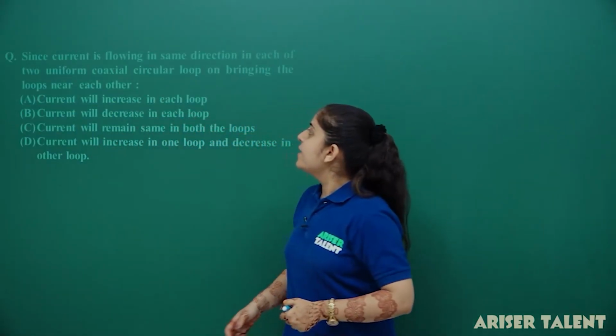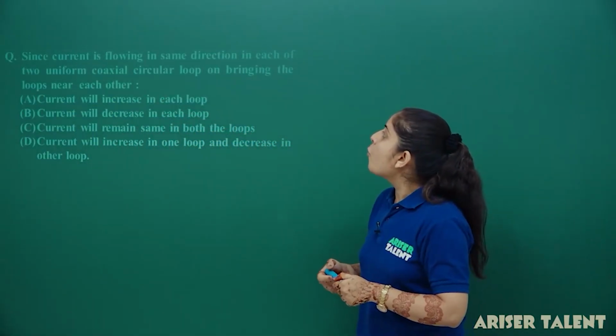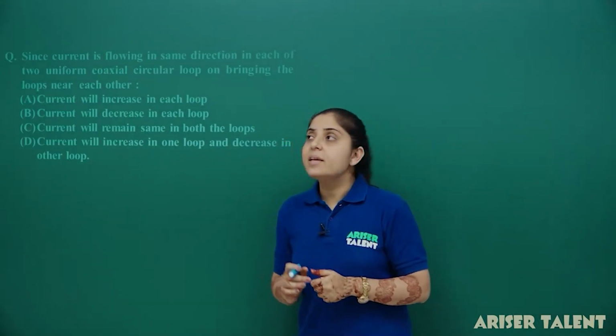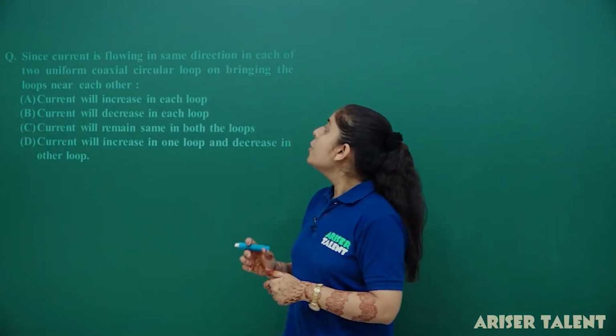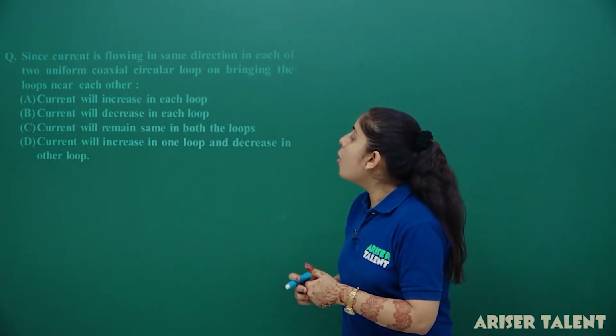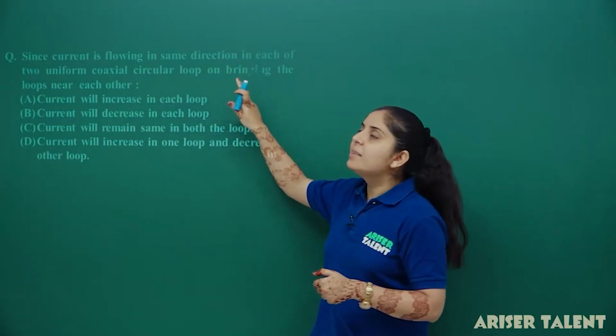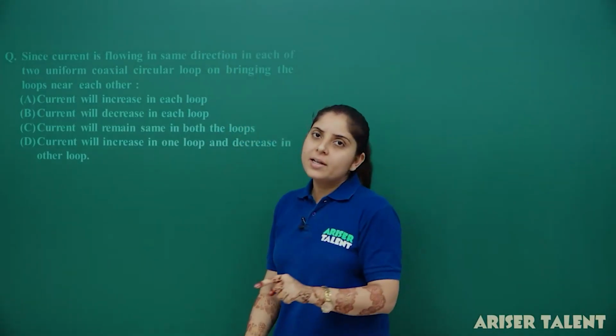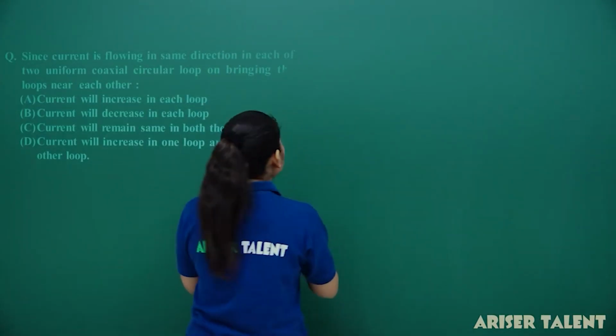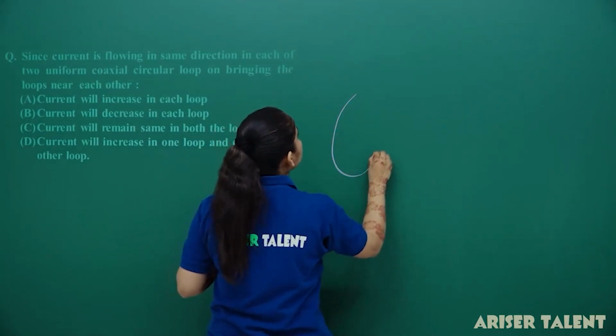Our first question is: since current is flowing in the same direction in each of two uniform coaxial circular loops, on bringing the loops near each other... So the first line is saying that the same current is flowing in the same direction and you have to consider two circular loops.